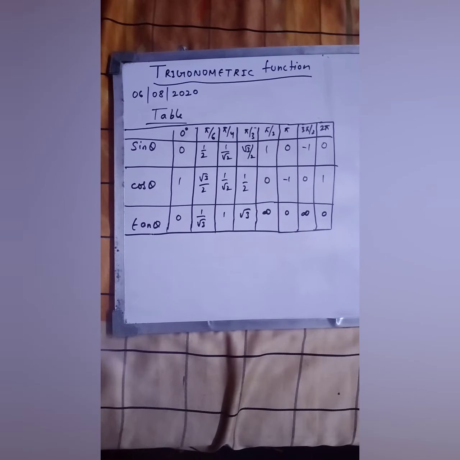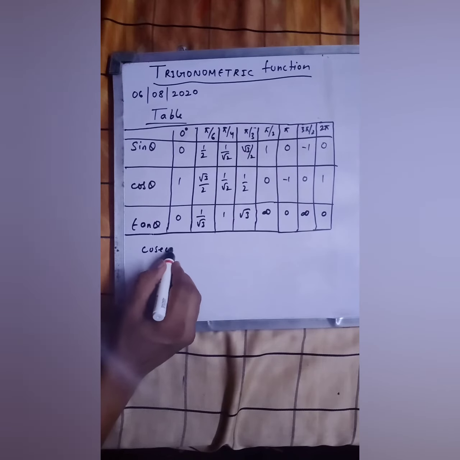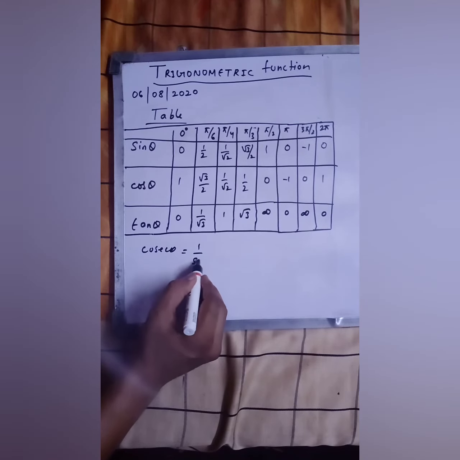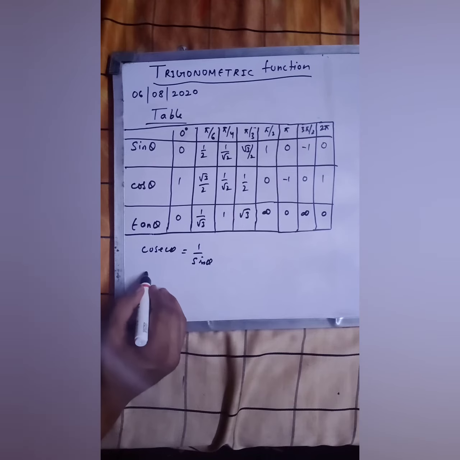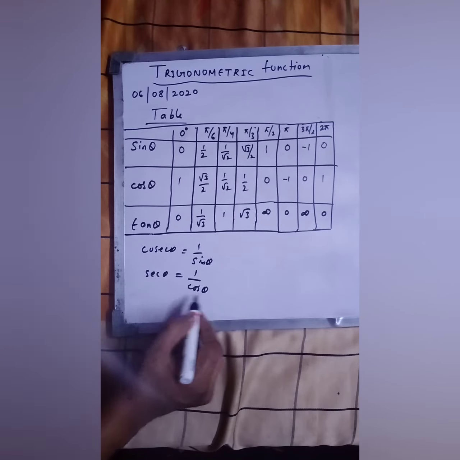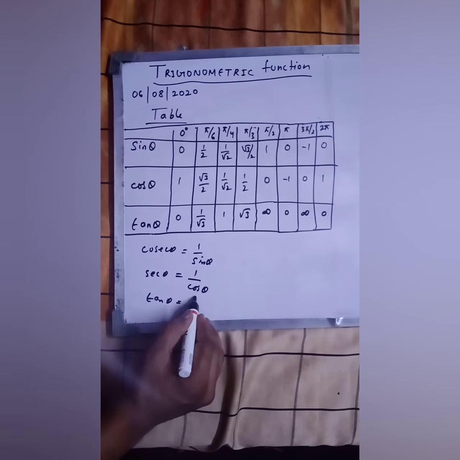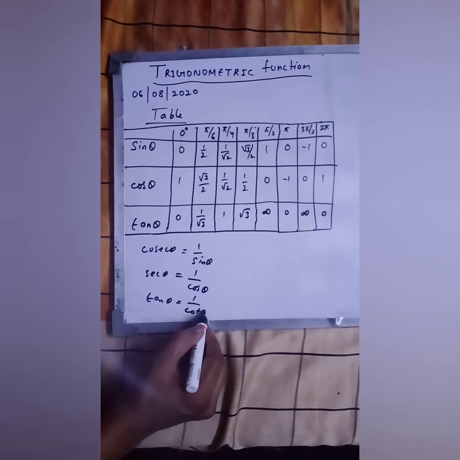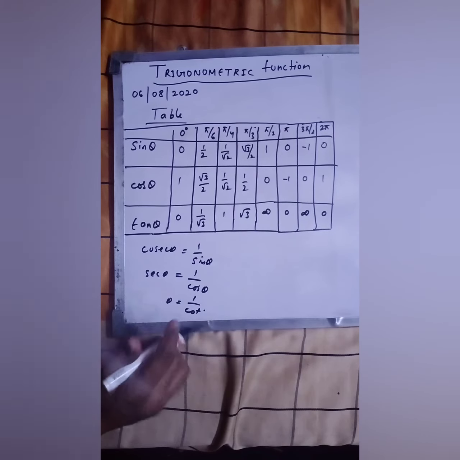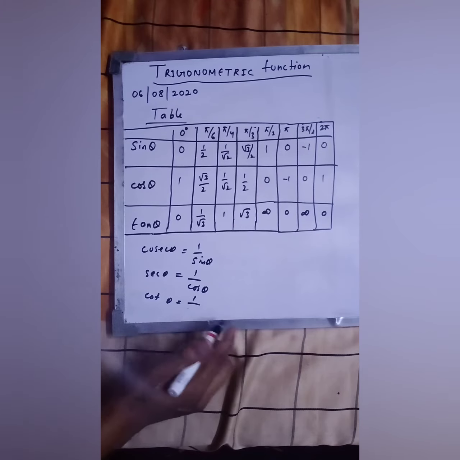Fine. So as you know, cosec theta is 1 upon sin theta, and sec theta is 1 upon cos theta, and cot theta is 1 upon tan theta.